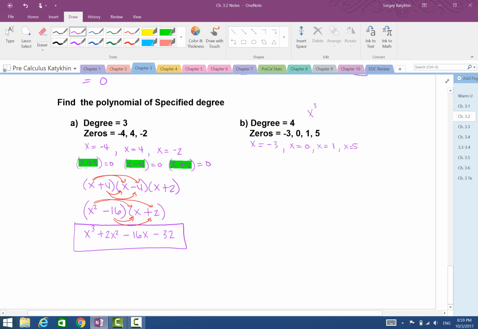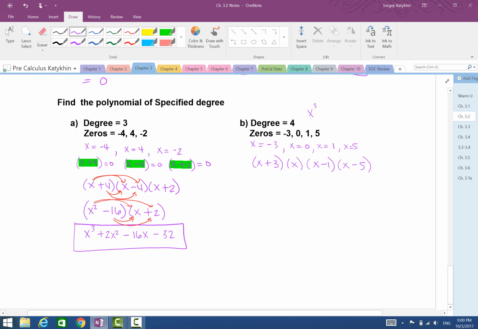Which means if we go backwards, I should get x plus 3 as my factor. X equaling 0 is equivalent to just x. I mean, you could put x plus 0, but it's not necessary. The second factor should be x minus 1. And the last factor should be x minus 5.